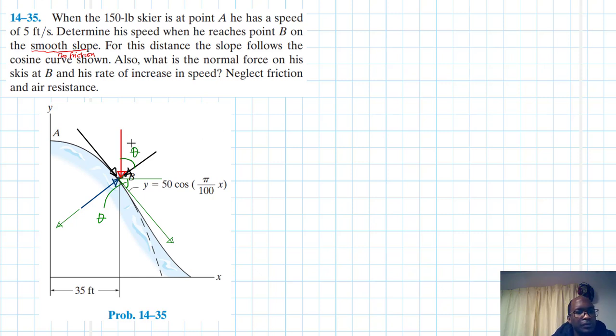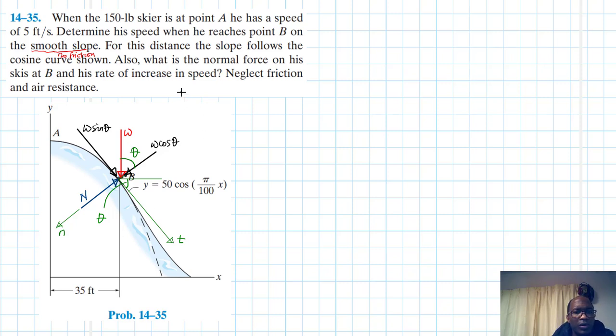This is W, and therefore this just becomes W cos theta, and the other component is W sine theta. So we said this is our tangential axis, this is our normal axis, and this one is the normal force. Great. So let's find this theta.